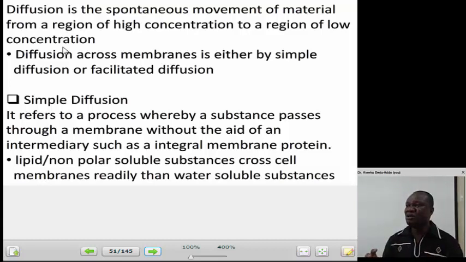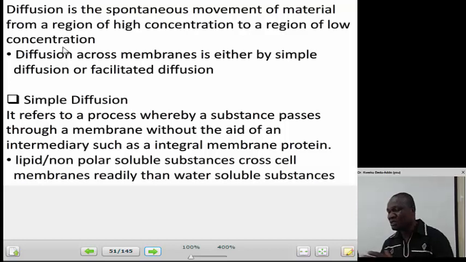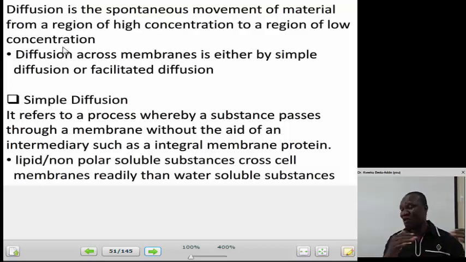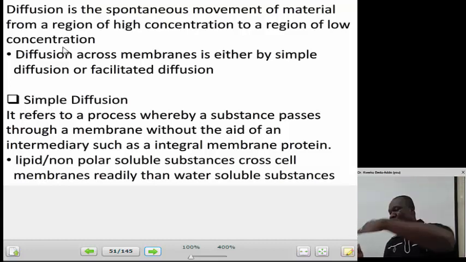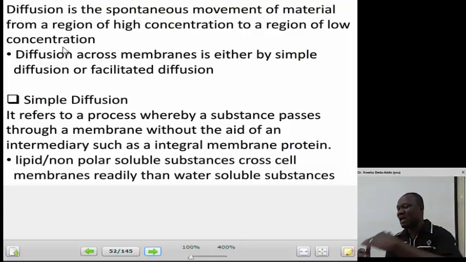Now, lipid-soluble substances or non-polar substances readily move across the membrane along their concentration gradient. The concentration gradient is the gradient as a result of differences in concentration between the two regions on either side of the membrane. So substances will move from the high concentrated area to the low concentrated area, and that is described as movement along a concentration gradient or a chemical gradient.